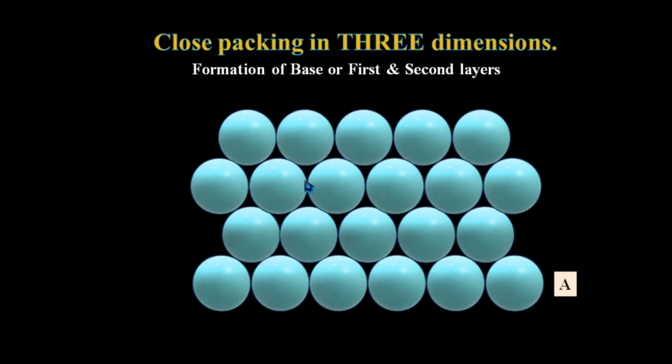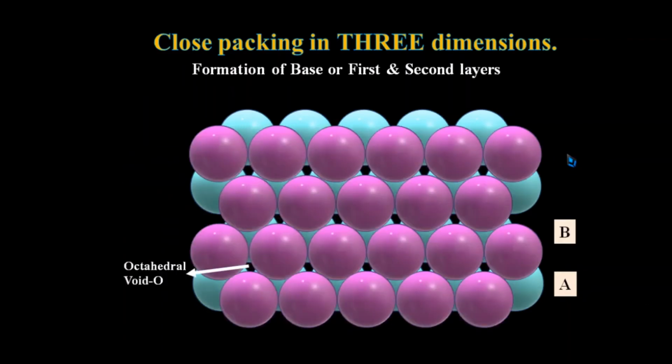We cover the upward triangular voids with the spheres of the second layer. Then the structure is seen like this.